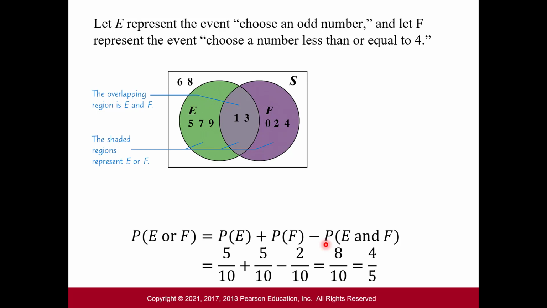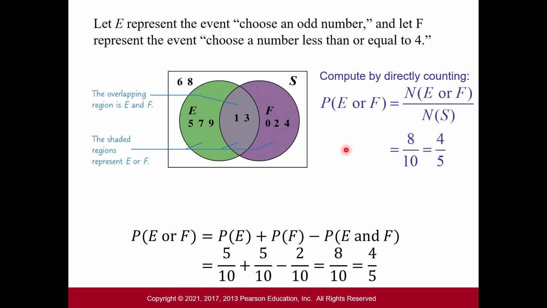So minus the probability of the overlap, which is called E and F. And so we know for choosing an odd number, that's 5 out of 10. Choosing a number 4 or less is 5 out of 10 as well. And then those two events overlap with two numbers, so we subtract 2 out of 10 for a total simplified of 4/5 probability.